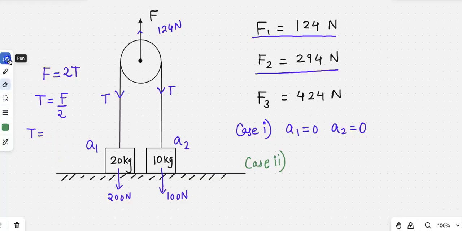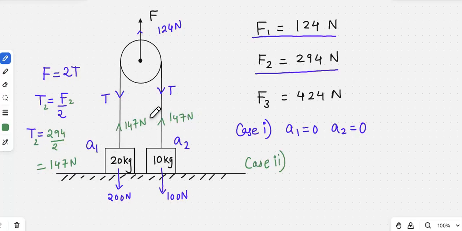The new tension T2 is F2 by 2, so it will be 294 divided by 2 on both the strings. So here an upward 147 Newton force will be there, and here also a 147 Newton force upwards will be there.